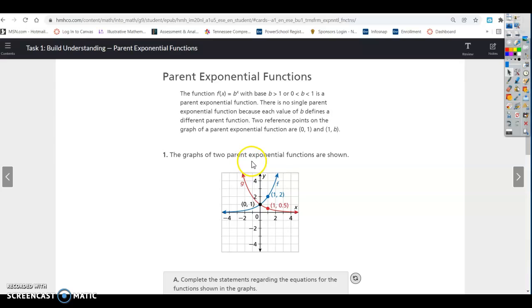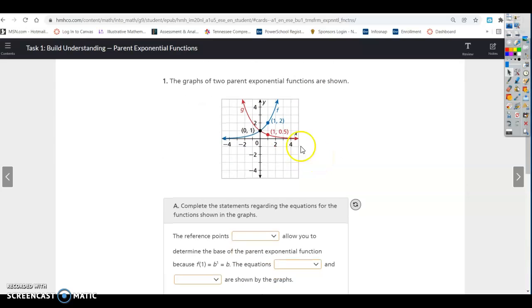So it says the graphs of two exponential functions are shown. We can see that the red is exponential decay and the blue is exponential growth. Complete the statements regarding the equations for the functions shown. The reference points: this is your y-intercept, and your two reference points would be these two points here, (1, 2) and (1, 0.5). They allow you to determine the base of the parent exponential function because f of 1 equals anything to the first power equals itself.